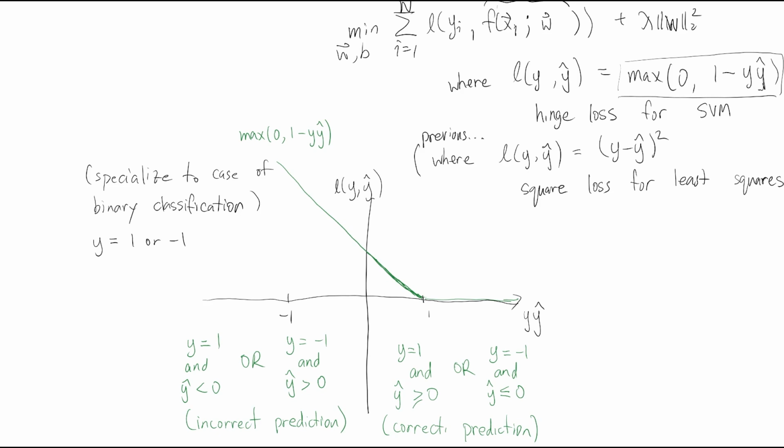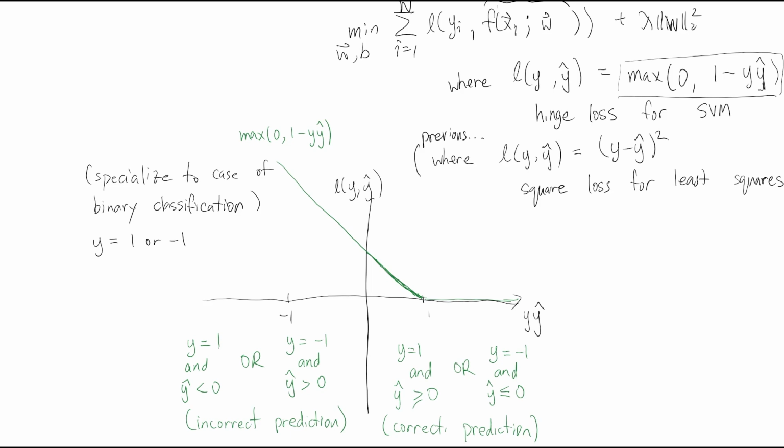But one good thing is that on the right side, we usually do not incur any cost for correct predictions unless we're below the margin. For the incorrect predictions, we're incurring a cost that is linear in terms of how incorrect it is. Just to clarify, remember that y is equal to 1 or -1, but y hat is from a model, right? Y hat could be anything. So if y hat is really negative, for example, then we'll incur a higher cost if y is 1.